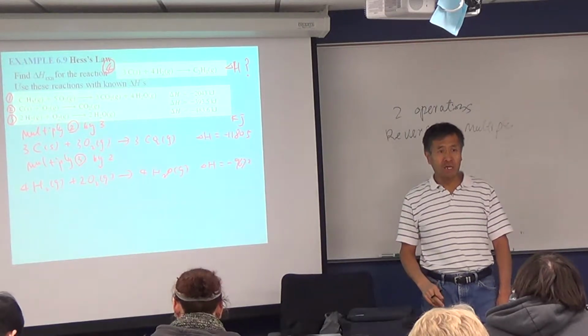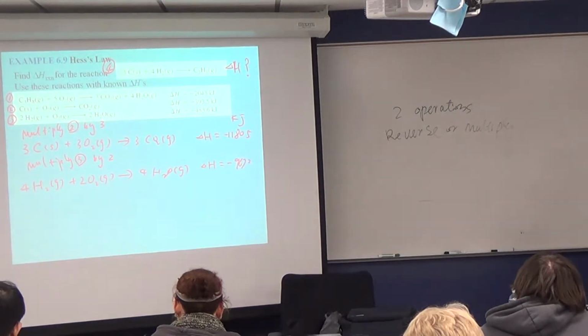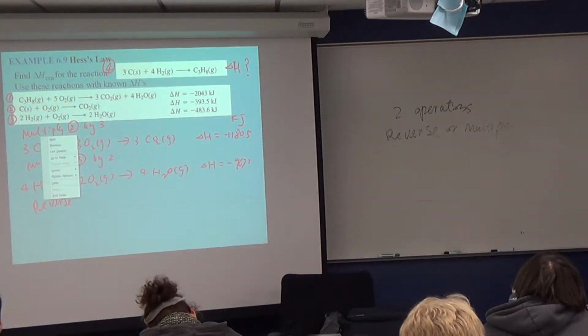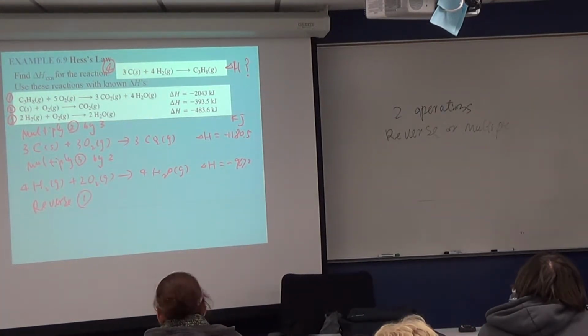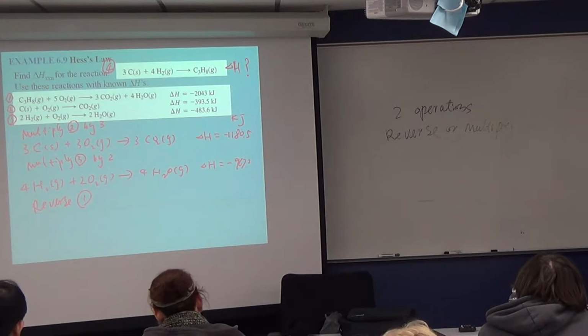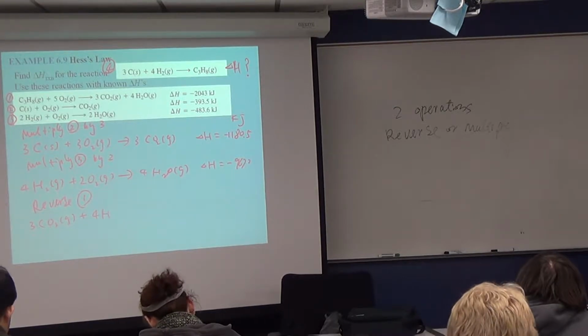That's reactant. Okay, now what do you do? Yeah, very good. So you can just reverse 1. Reverse 1. So reverse 1 means you don't multiply, but you still do something.